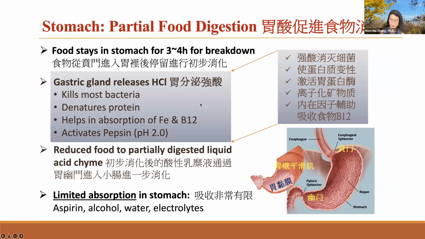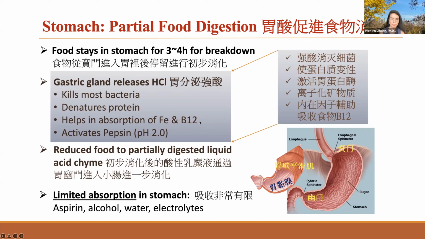So when food is moved down into the stomach, it stays in the stomach for 3 to 4 hours for initial breakdown. And in the stomach, the gastric gland releases hydrochloric acid. It's a very strong acid. It kills most bacteria, good or bad, and denatures food protein for further digestion, and helps in absorption of minerals, especially iron and B12.